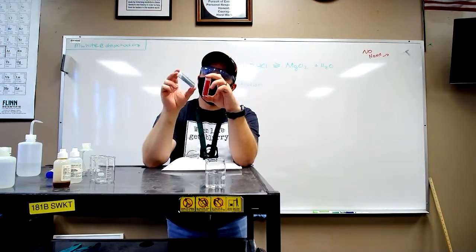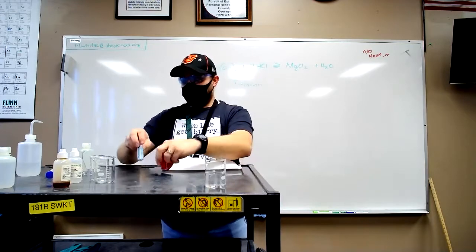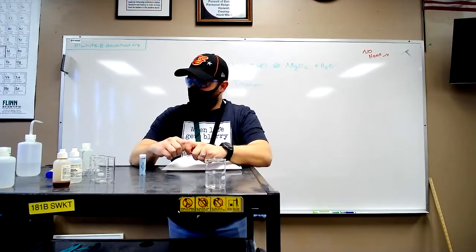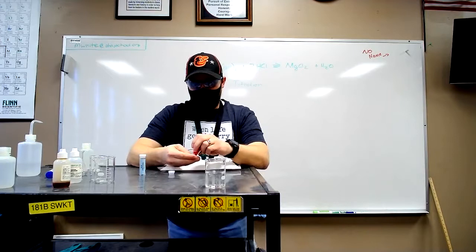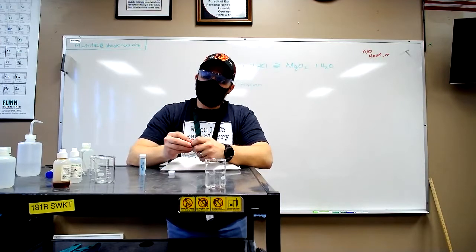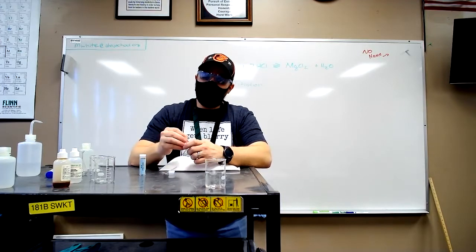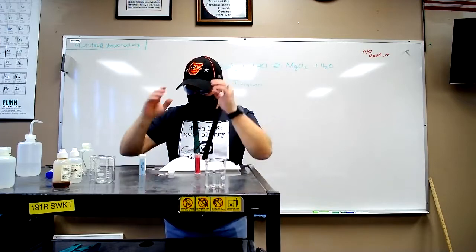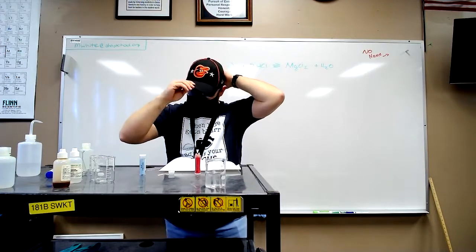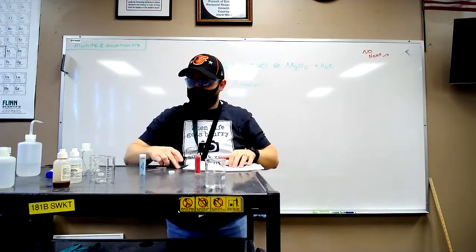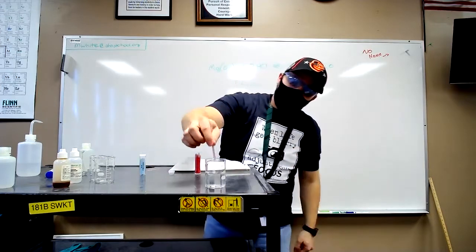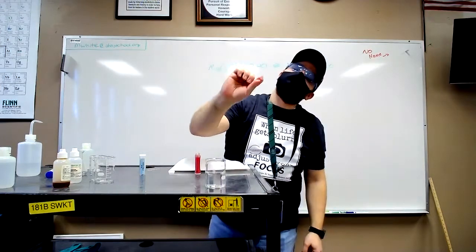If we see the color blue, we're dealing with a base. Now that was just water, so it shouldn't be extremely acidic or basic. Okay. So if I get that in there, it doesn't really do anything.